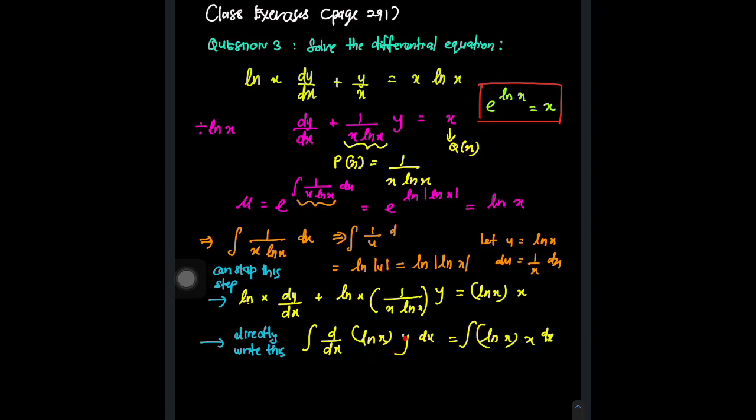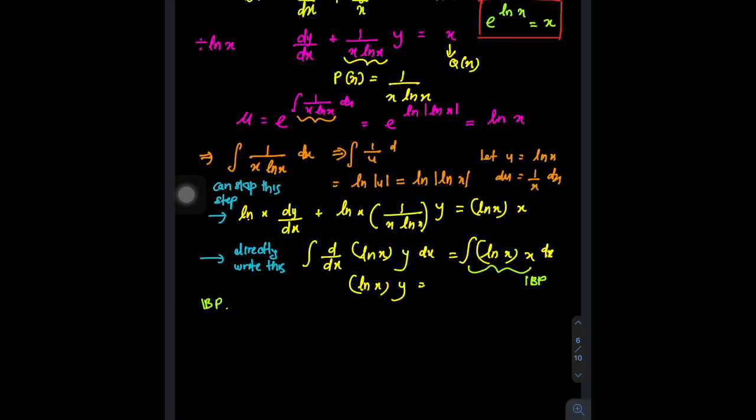On the left hand side, what is left is only ln x times y, equivalent to, in order for you to solve this integration, you need to apply IBP. By using IBP, you have the integral of x ln x dx. So we let u be equivalent to ln x, then du is equivalent to 1 over x dx. Then dv is equivalent to x dx.